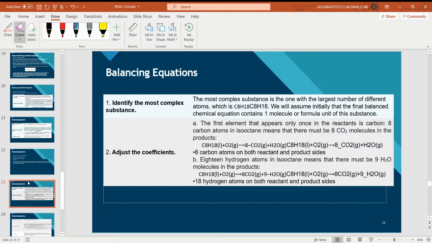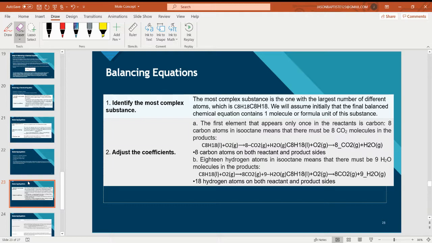So let's go again. The first element that appears only once in the reactant is carbon. So the first common sense thing to do would be to drop an 8 right in front of carbon dioxide because we only have one carbon dioxide on the product side of the equation, right? So that's the first thing we did.